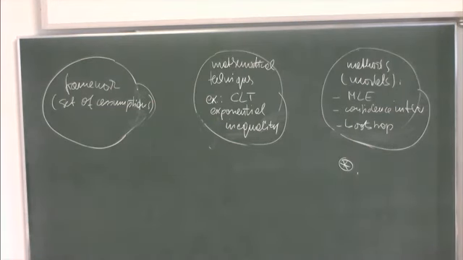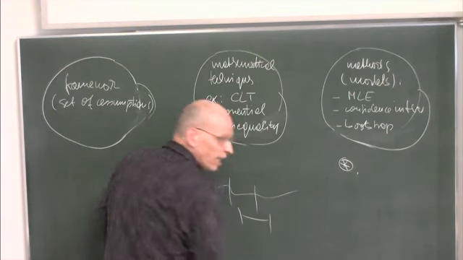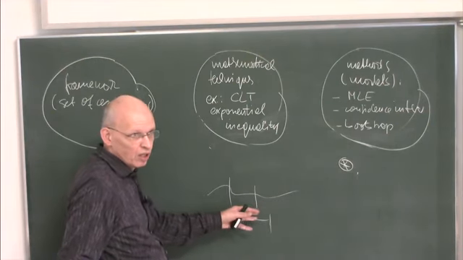Now there comes the next one, the locally stationary approximation assumption by Michael Vogt. Michael Vogt has used this as a definition where you have this idea that you can approximate your process on each segment by a stationary process.